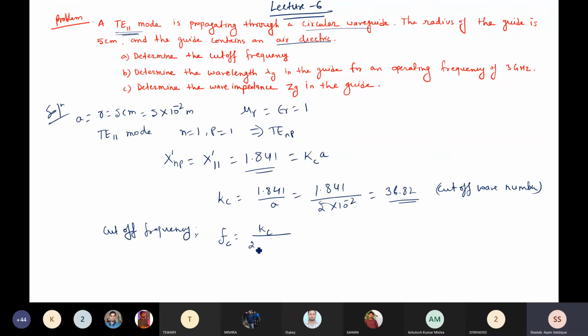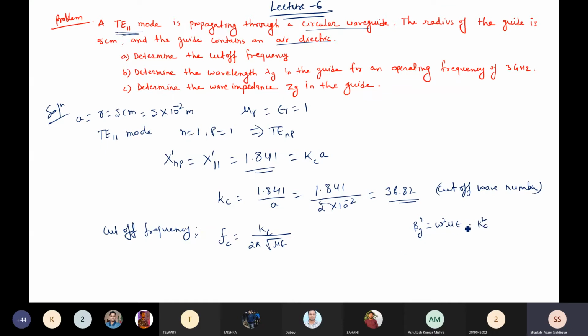So we know this is 2 pi root mu epsilon, and we have one formula: beta g square is equal to omega square mu epsilon minus kc square.